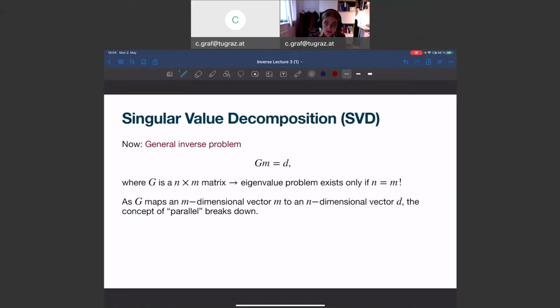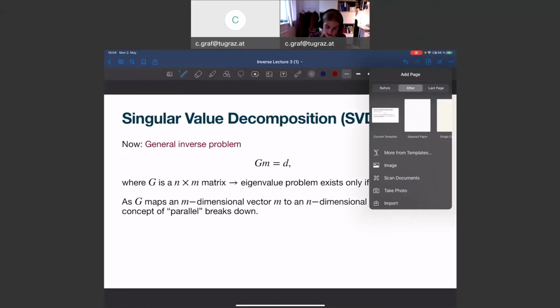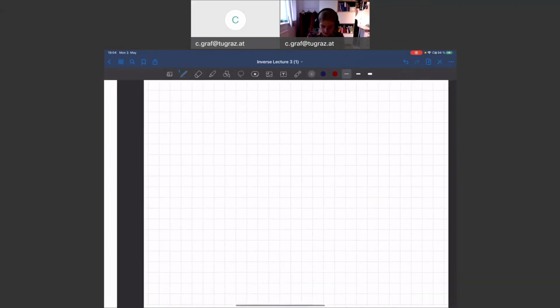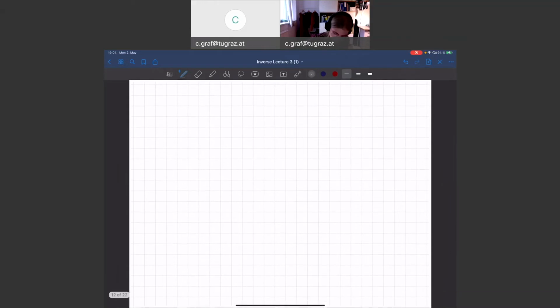But now we should discuss what actually the idea is here. Because remember, our aim is to solve the inverse problem, where now a non-square matrix is used for it. The idea is that we just construct a square matrix where we can apply the eigenvalue problem.